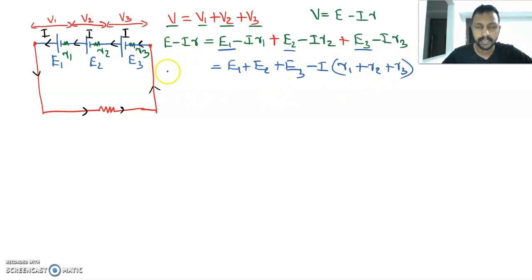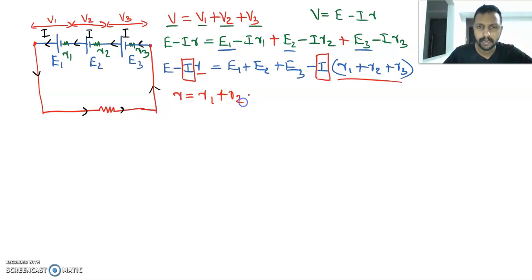Clear? What's the LHS? It is E minus Ir. Then compare the LHS and RHS. Instead of this I, we are having an I over here. Then instead of small r, in the RHS we are having R1 plus R2 plus R3. Therefore, I could write small r is equal to R1 plus R2 plus R3.